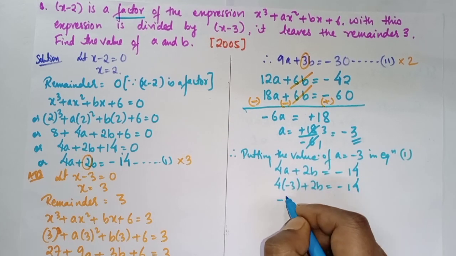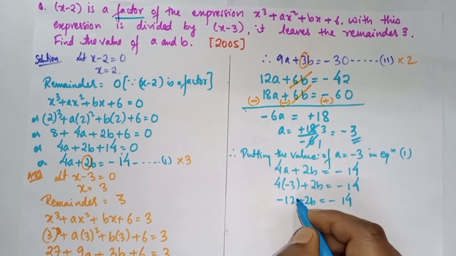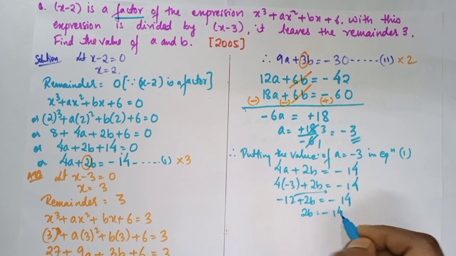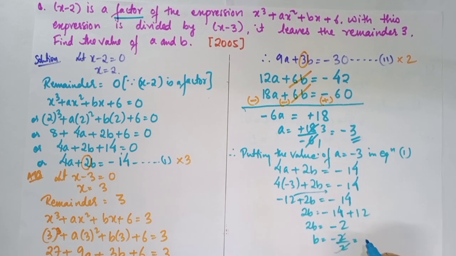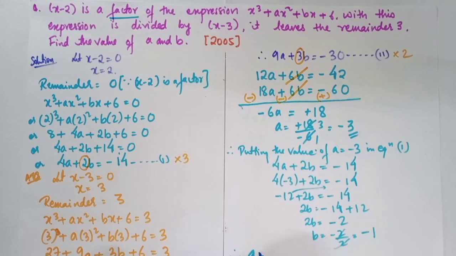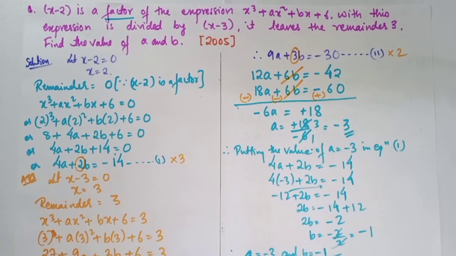This is minus 4 3s are 12, plus 2b equals minus 14. This minus 12 will go that side. So 2b is equal to minus 14 plus 12, which is minus 2. So b is equal to minus 2 by 2, cancel, so I got minus 1. Therefore we got the answer: a equals minus 3 and b equals minus 1. So this is my final answer.